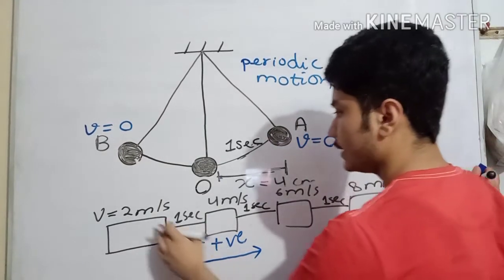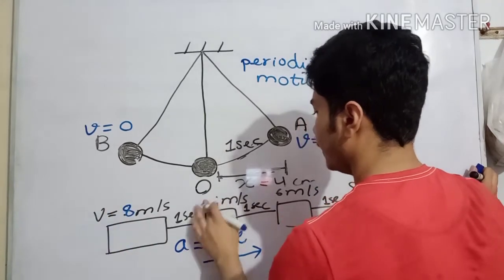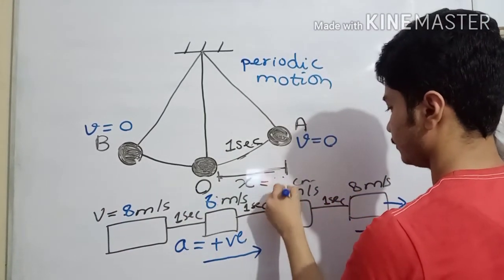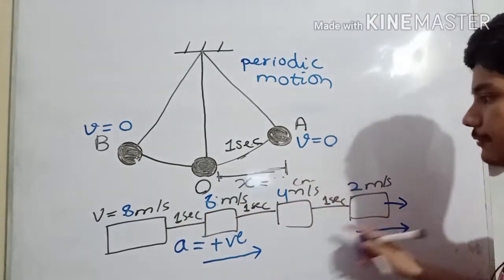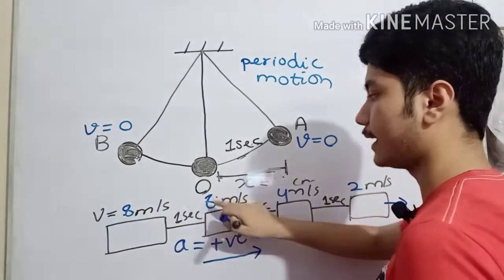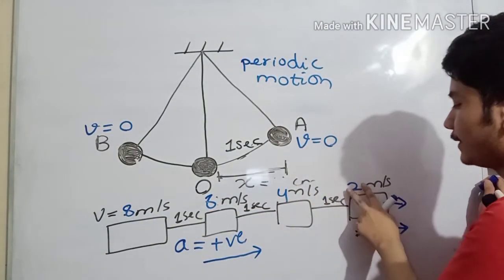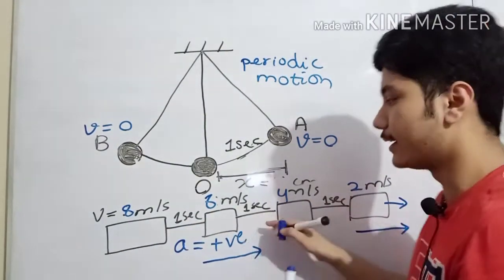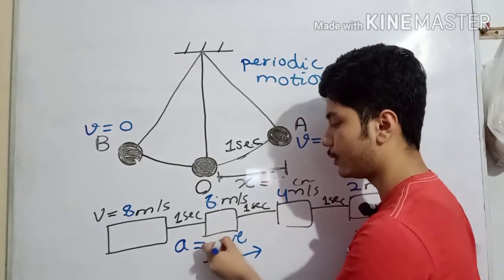But if I say its velocity is decreasing each second, for example, 8, after a second it becomes 6, after a second it becomes 4, after a second it becomes 2, and each second the velocity is decreasing. So when velocity is decreasing, then acceleration is never positive, it is always negative.